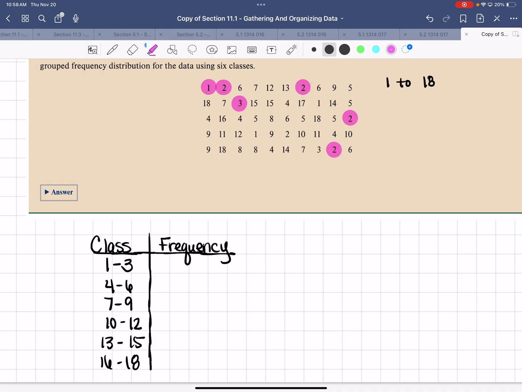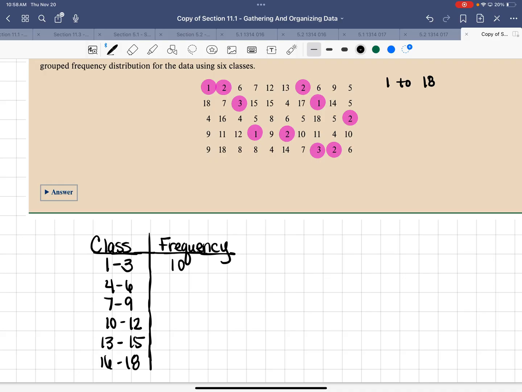Let's see, 3, 1, 1, 2, there's another 3. How many we get? 1, 2, 3, 4, 5, 6, 7, 8, 9, 10. Yep. So there are 10 people that reported they studied 1 to 3 hours for this test.